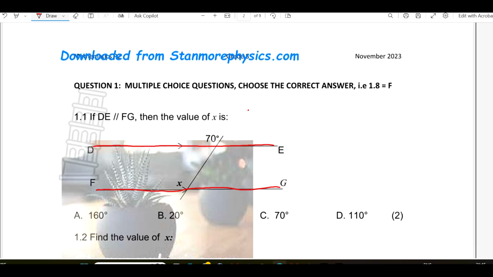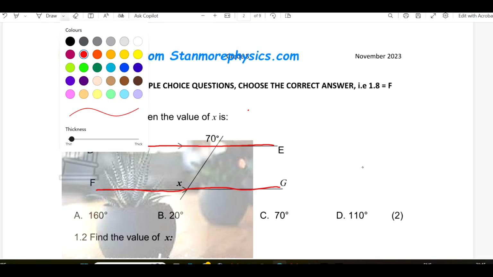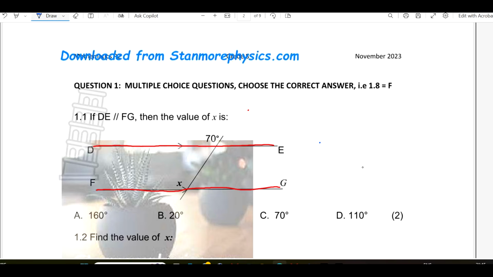The value of X is going to be. We have an X. Let's find the shape that will correspond with X and F. I'm seeing an F shape. Guys, this is an F shape. Let me change the color so that you can see the shape. Guys, I'm seeing corresponding angles. This is an F. So I have parallel lines.